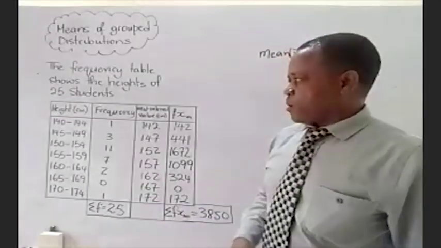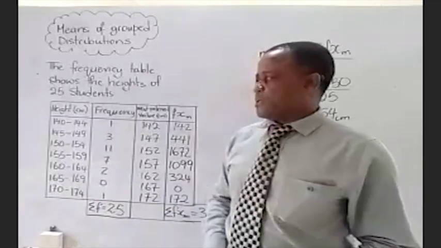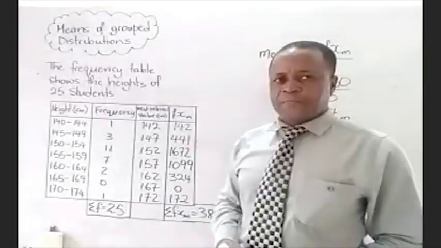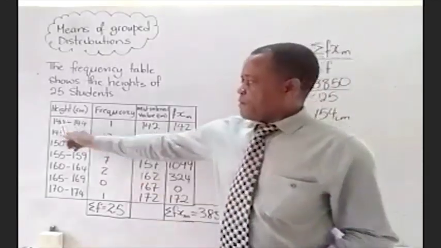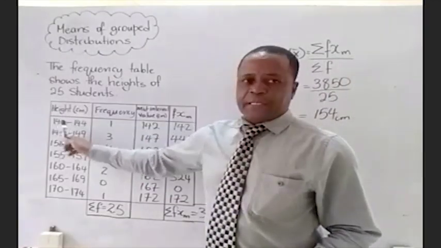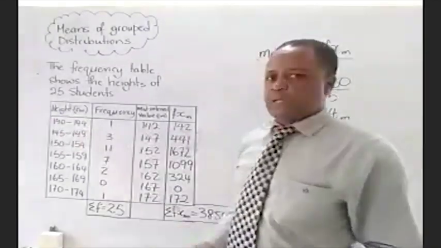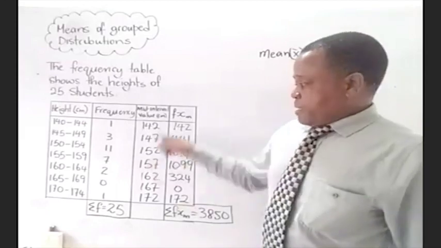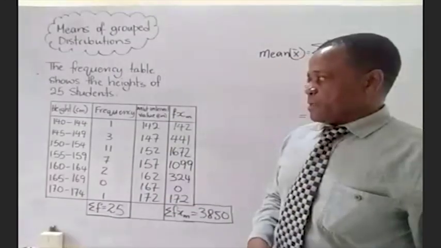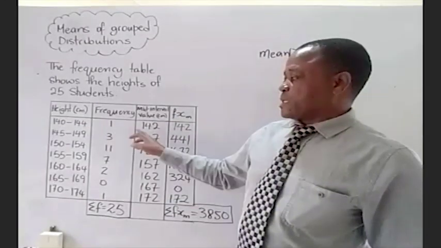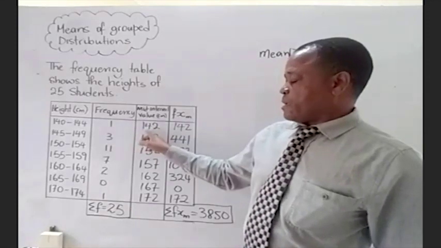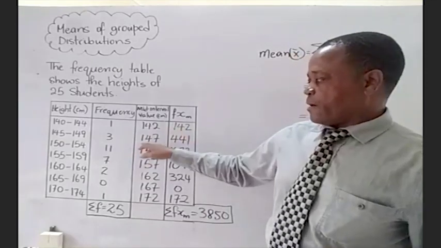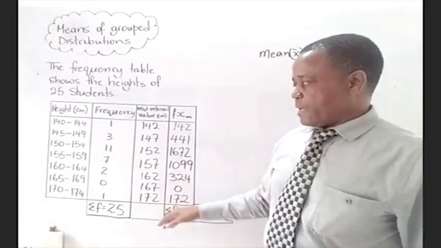All right. Now, how do we find the mid-interval value? The easiest way to do that is just to find the average of the limits. The average of the limits will give us our mid-interval values. After completing that, we assume that one student will have a height of 142, three students had a height of 147, and it goes on like that.